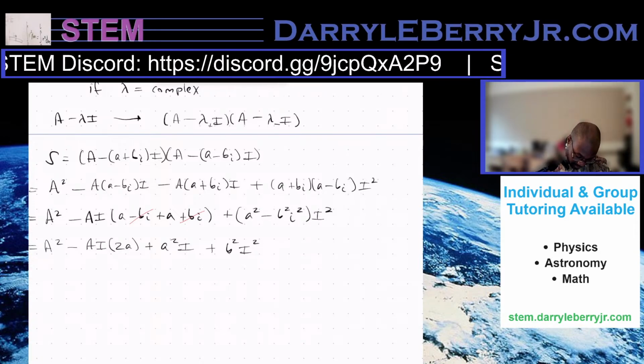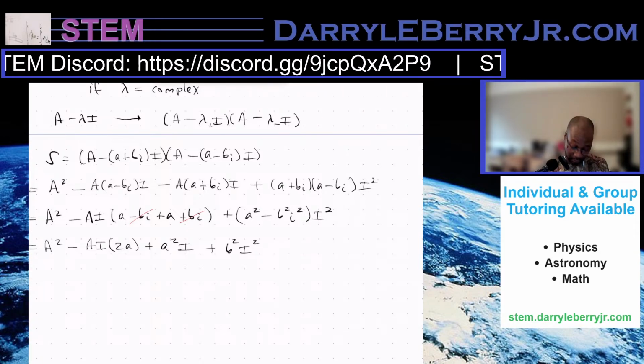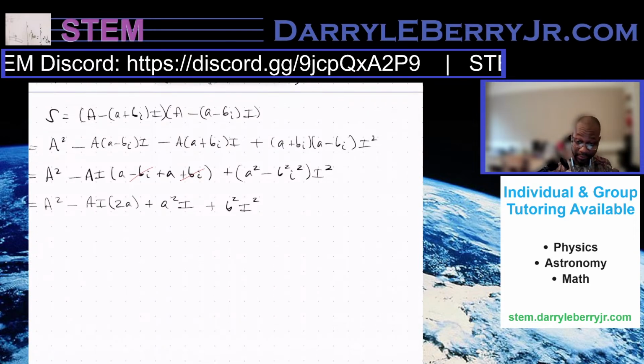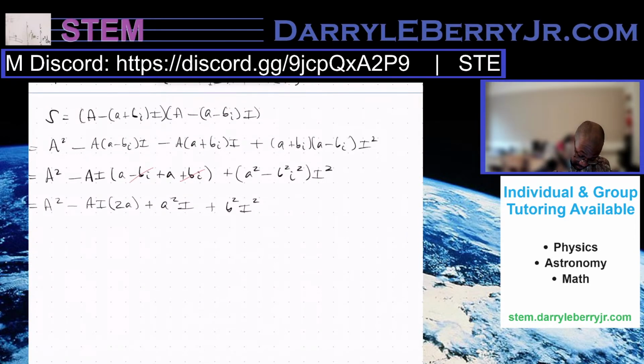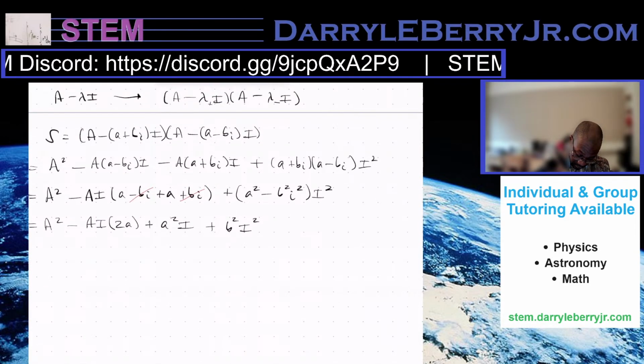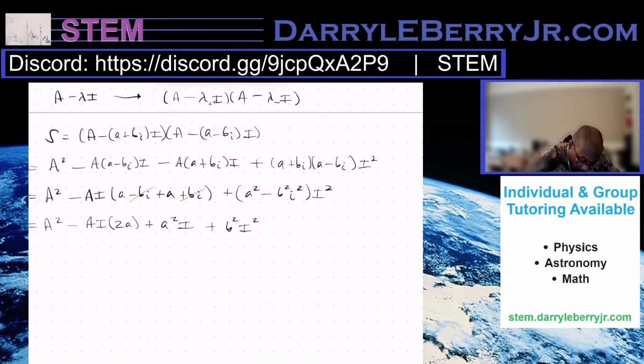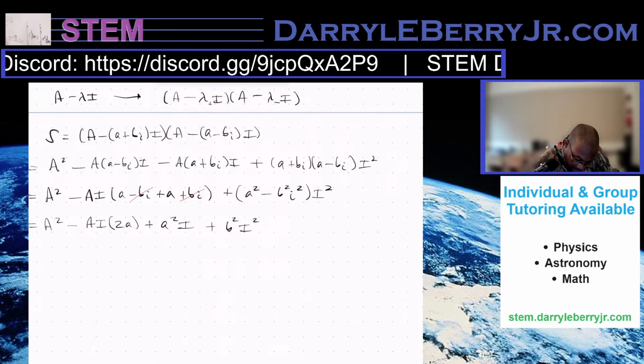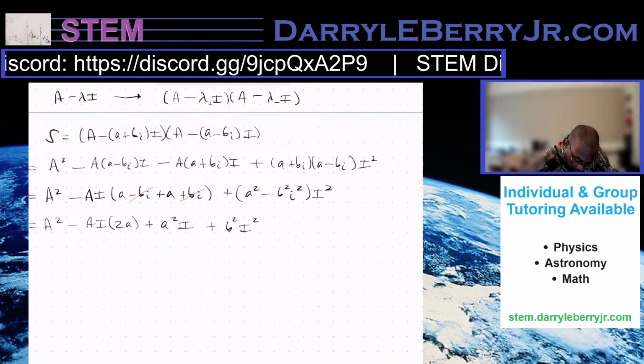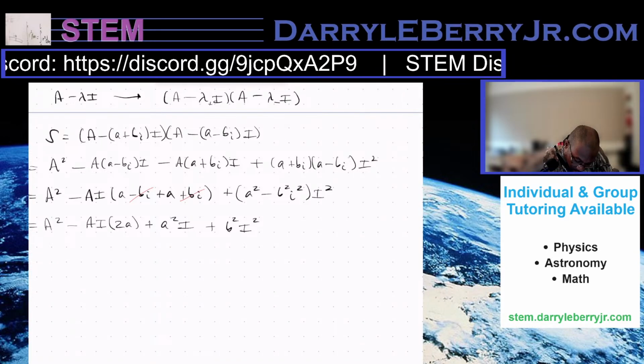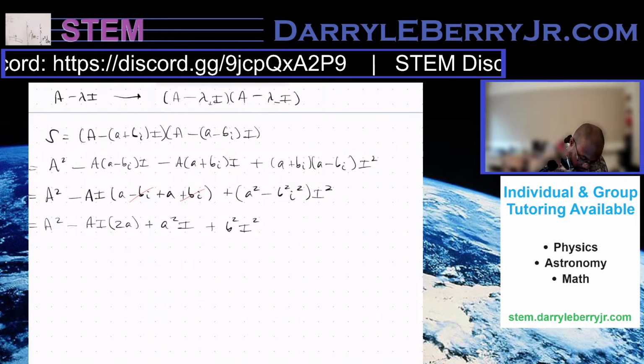Now, up in here somewhere, they make this, it looks like, okay. Now, why don't they get an i squared at the end? Let's see.